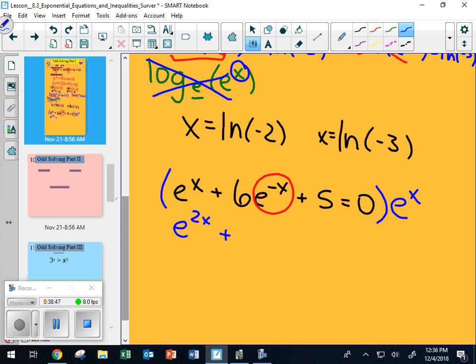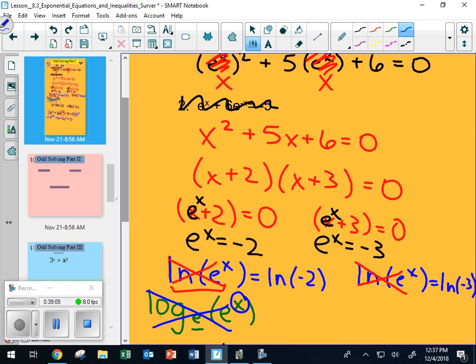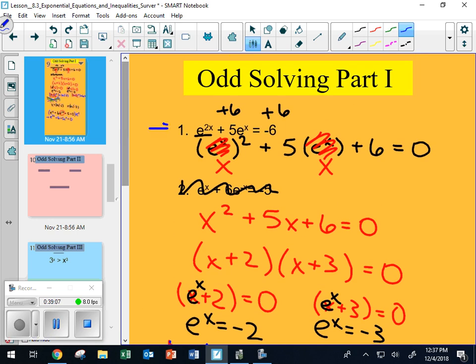And what's e to the negative x times e to the x? 1. So I'm left with a 6. And then here you have 5 times e to the x. But isn't this equation here just the same thing as this equation up here? So they might look different, but they are the exact same problem.